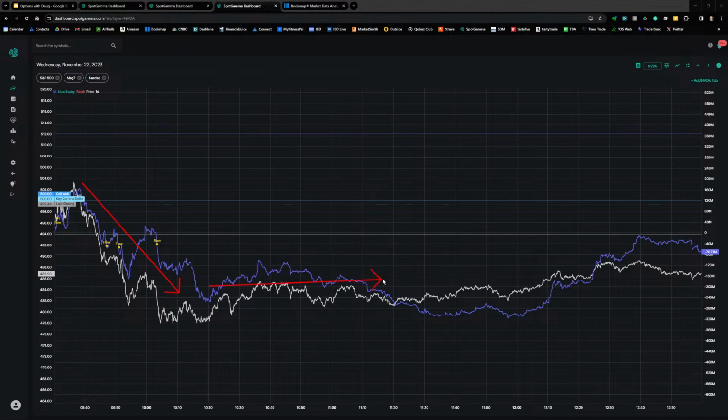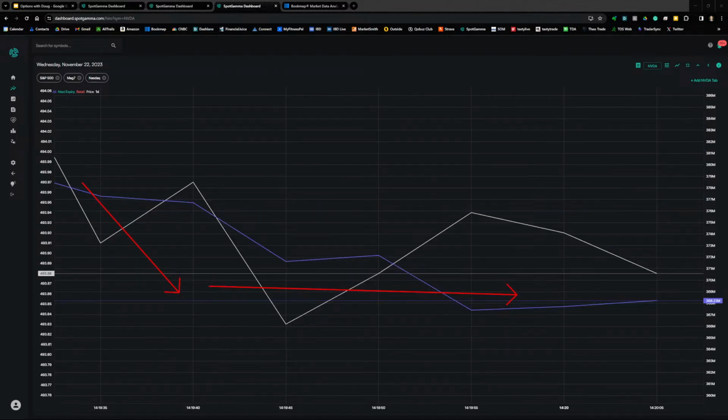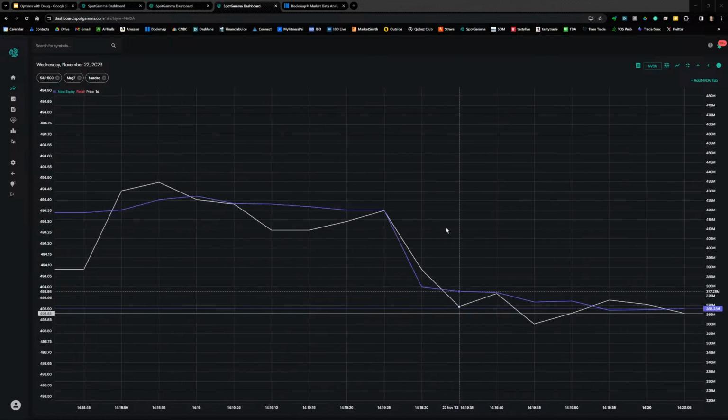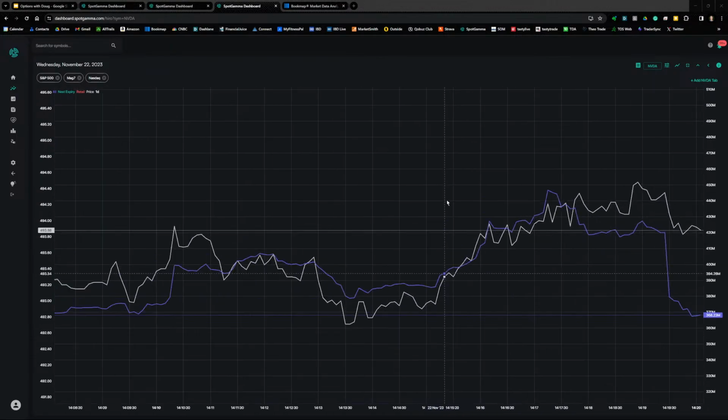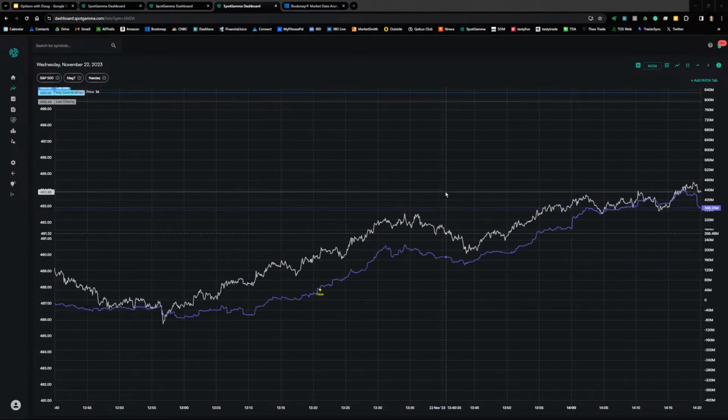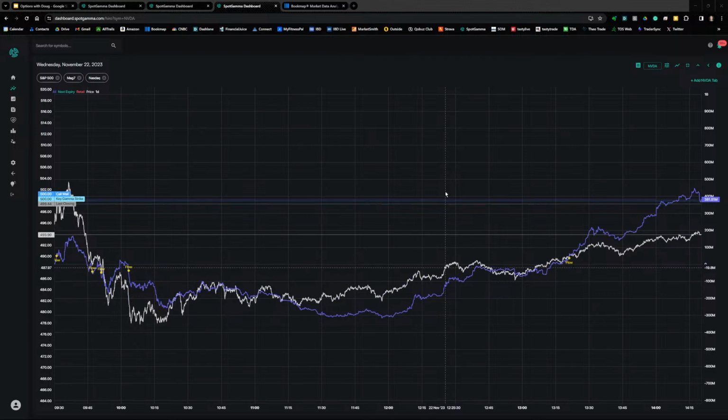Then they took the foot off the gas. Price started to increase really around 10:15 or so. Consolidated at 478 for a while. Then started to move higher.